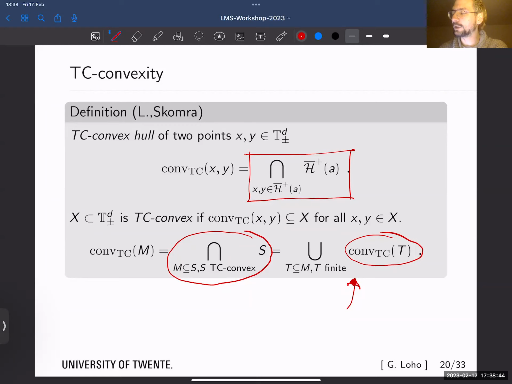But we do not know separation results for general TC convex sets. We could show from the separation over Puiseux series a separation result with TC hemispaces, but they are, as I said, very non-constructive in the sense of Fourier-Motzkin elimination.